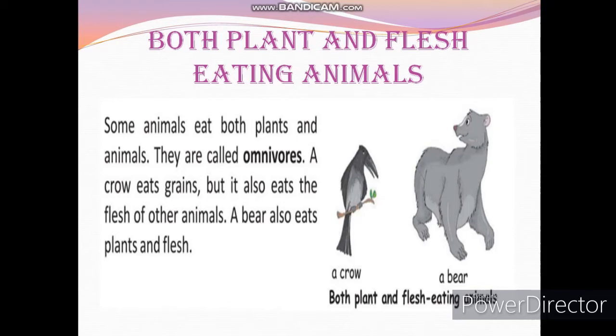So plant eaters are called herbivores. Flesh eating animals are called carnivores. Both plant and flesh eating animals are called omnivores.